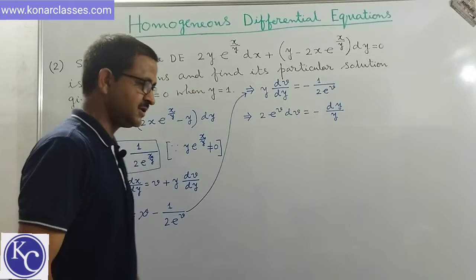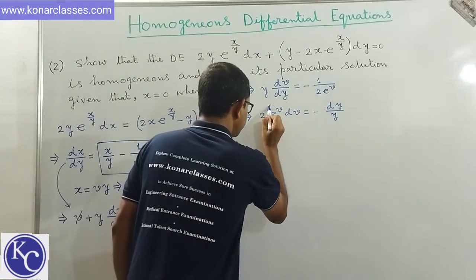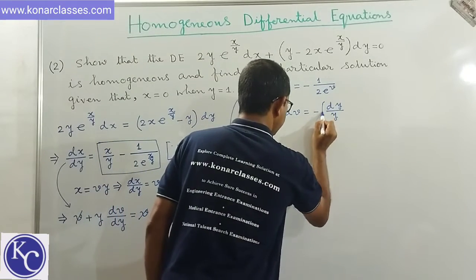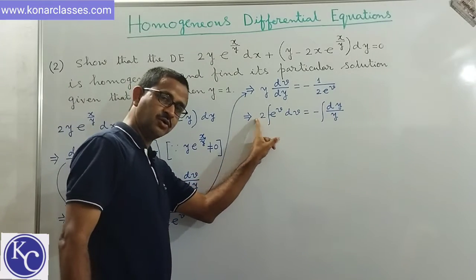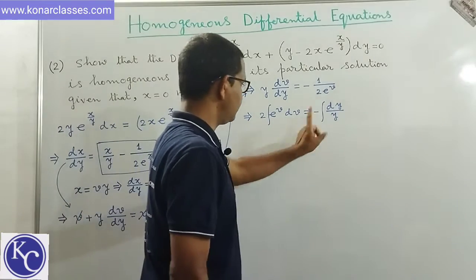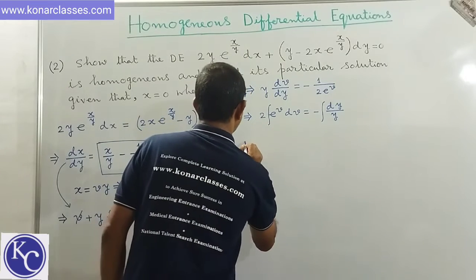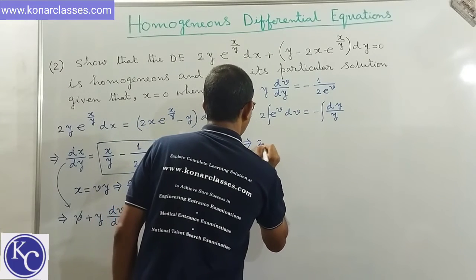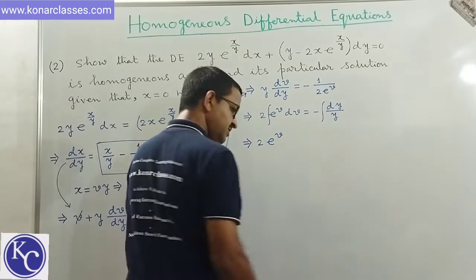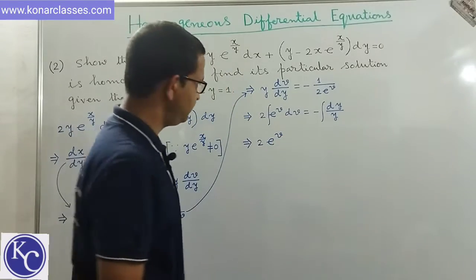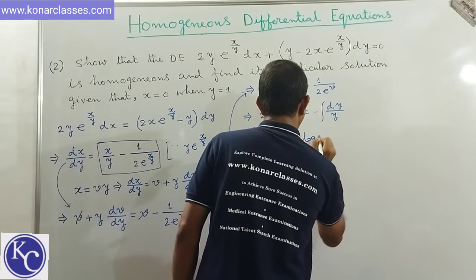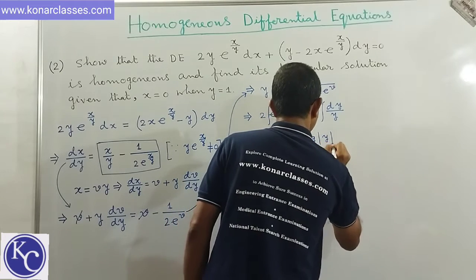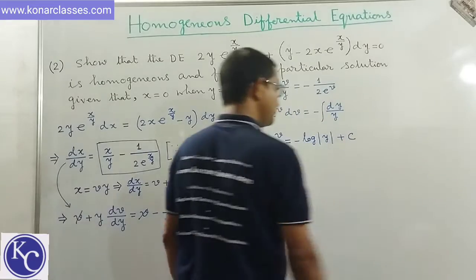Correct? We are going to perform integration on the left hand side and right hand side both. 2 is a constant, so we took it out of the integration, and here also minus 1. So we get 2 into e to the power v, since the integration of e^v is e^v, is equal to minus log mod y plus an integrating constant c.